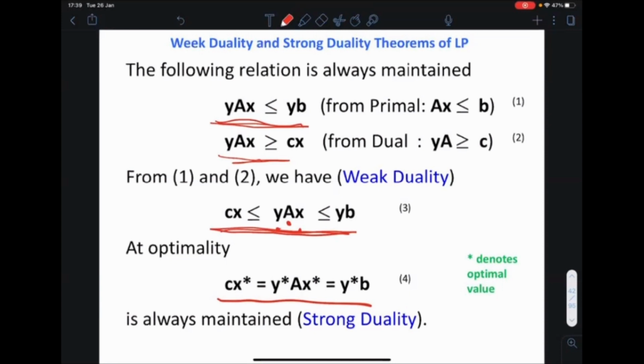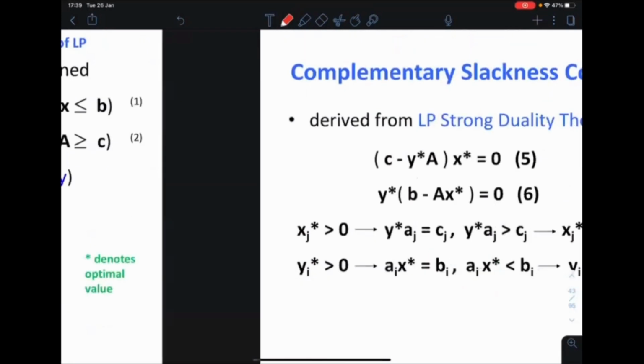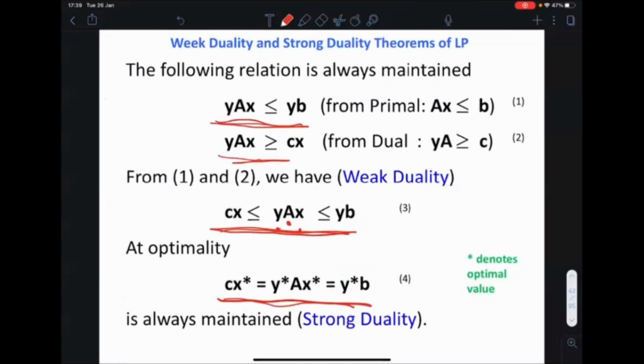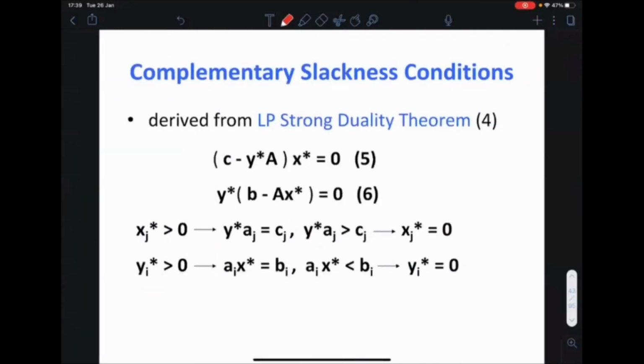With this in mind, we can go back to our original problem and understand the reason behind it. You can write this duality down as equations 5 and 6: if your xj is larger than 0, you make sure that this equation holds, so that this condition is fulfilled.